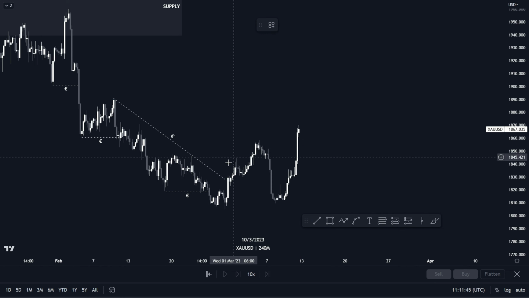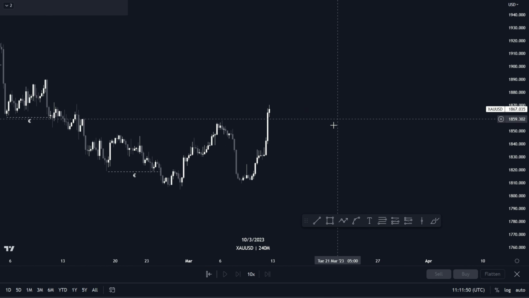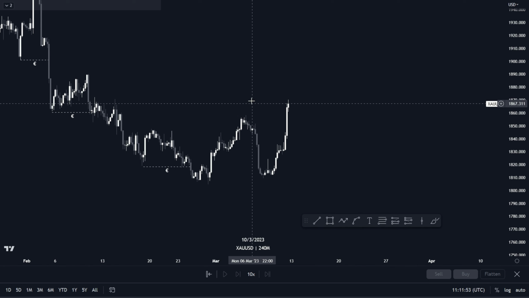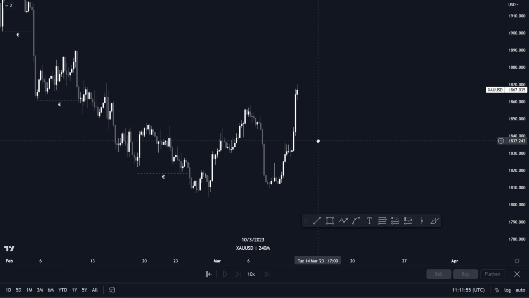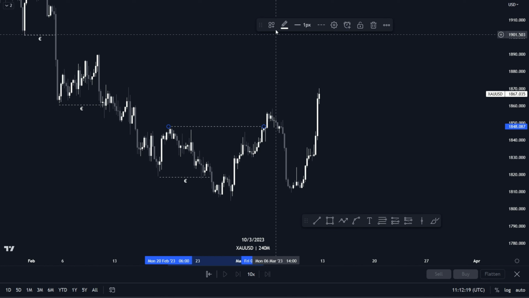Okay, so let me just delete this. So again here, price created a change of character. As you can see, price was moving in a beautiful bearish trend, creating lower lows, lower highs, lower lows, lower highs, lower low, and our lower high was taken out, creating a change of character.